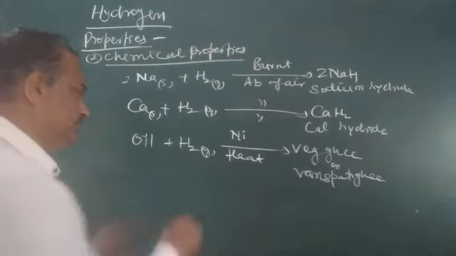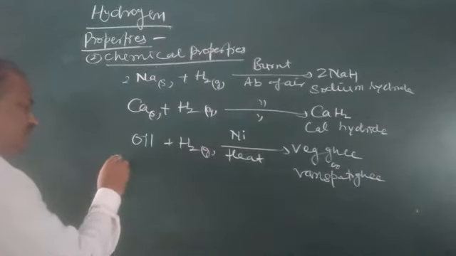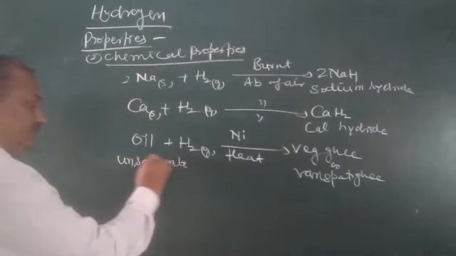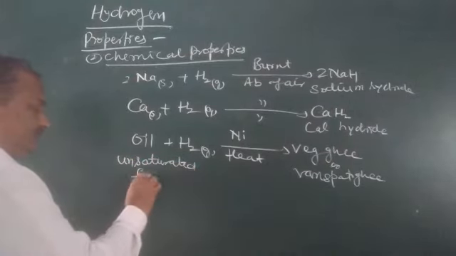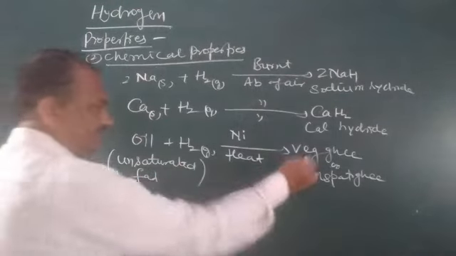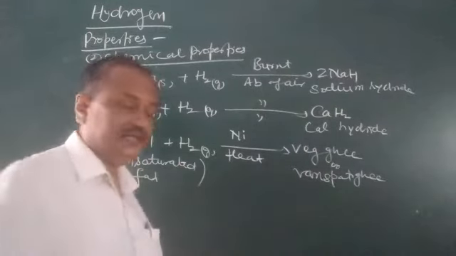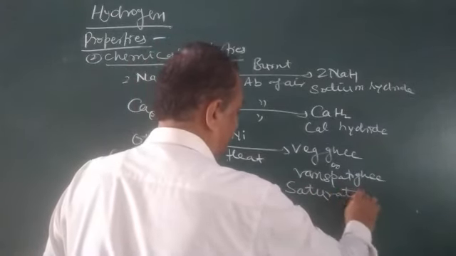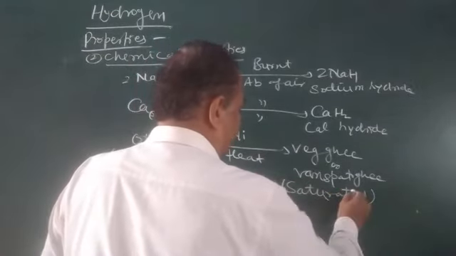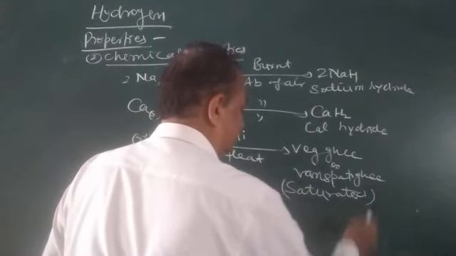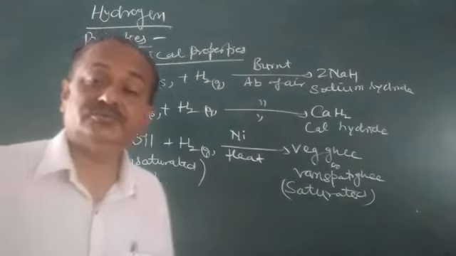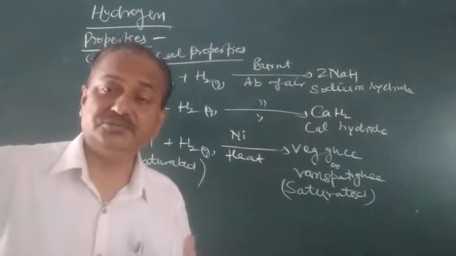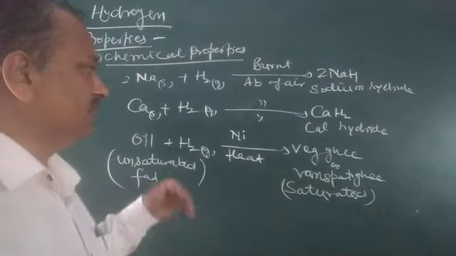Oils are unsaturated fat, and this vegetable ghee or vanaspati dalda is saturated fat, and that's why we say that any solid fat is not fit for human beings. You can have it in a small amount. So this is about the chemical properties.